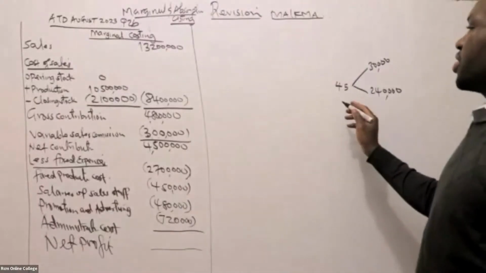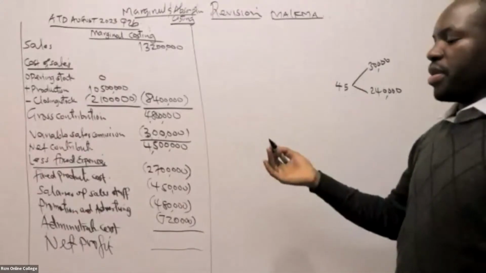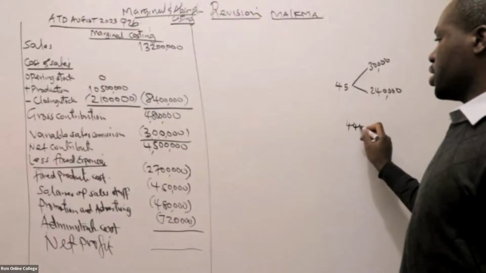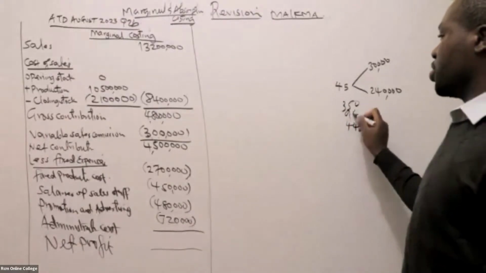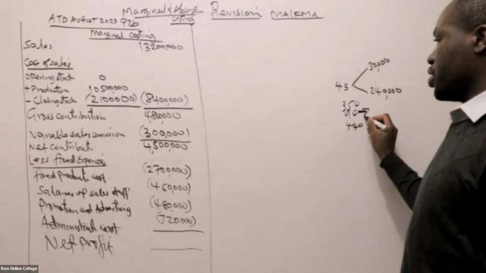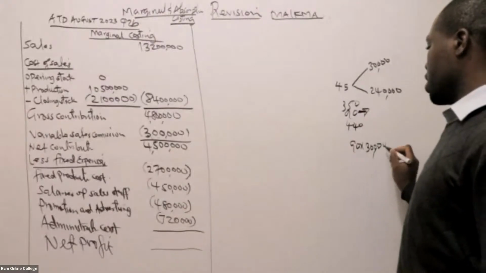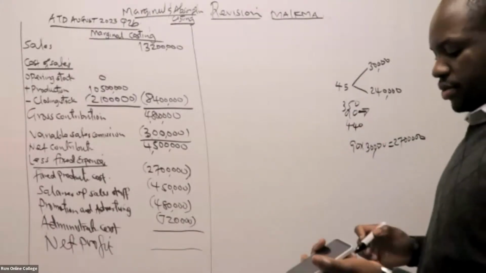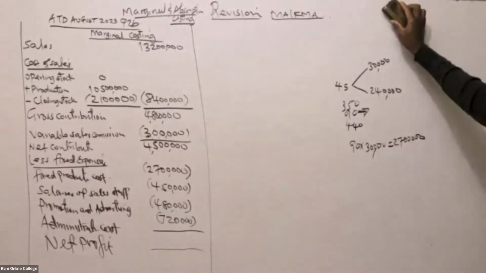Alternatively, look at the absorption cost per unit, where we have 440. How did you get the 440? It was the marginal cost plus fixed production overhead per unit. So 90 times the units that were produced takes me back to 2,700,000. So I hope I've answered your question.